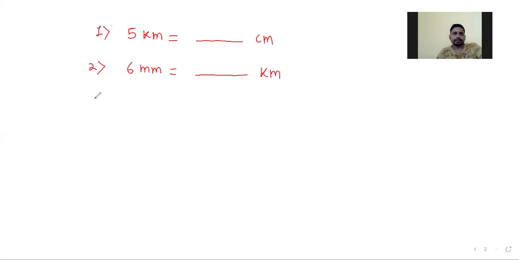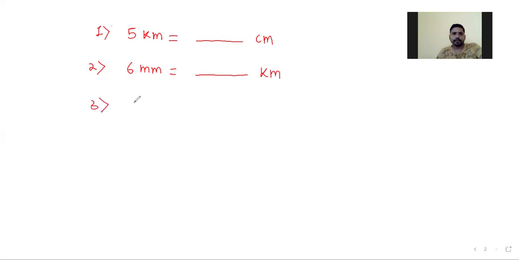Now, I will give you some numericals here for practice. So suppose 5 kilometer dash in centimeter. Second example, 6 millimeter will be dash in kilometers.